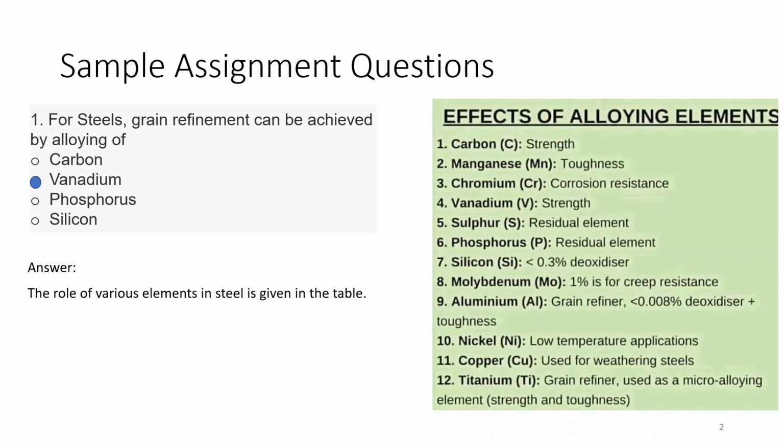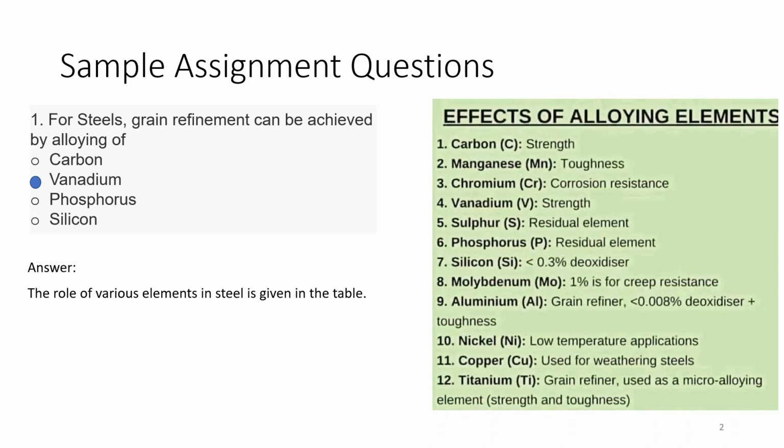And aluminum is used as grain refiner also. So out of these, if you had aluminum instead of vanadium, then aluminum would have been the answer. And aluminium also forms oxides very easily, so it also acts as deoxidizer. And nickel is used for low temperature applications, because nickel is similar to manganese.